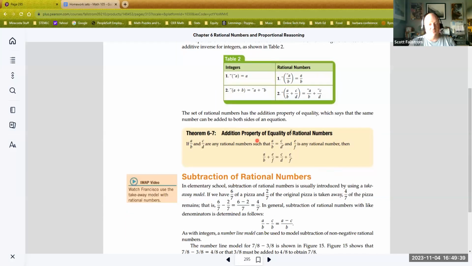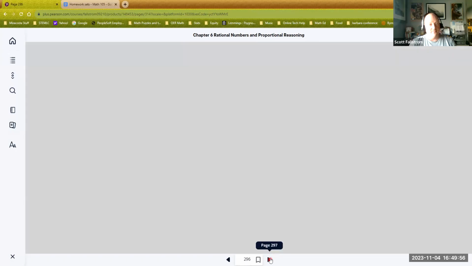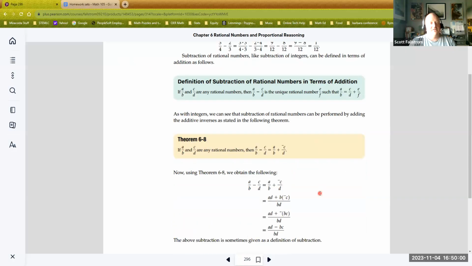And this one is the addition property of equality. Again, if you have two equal numbers, you add the same thing to both sides, they stay equal. And here we move into subtraction of rational numbers, which is good. You can still do the number line. And if they have the same denominator, it's quick. If they do not have the same denominator, then we need to make them have the same denominator.